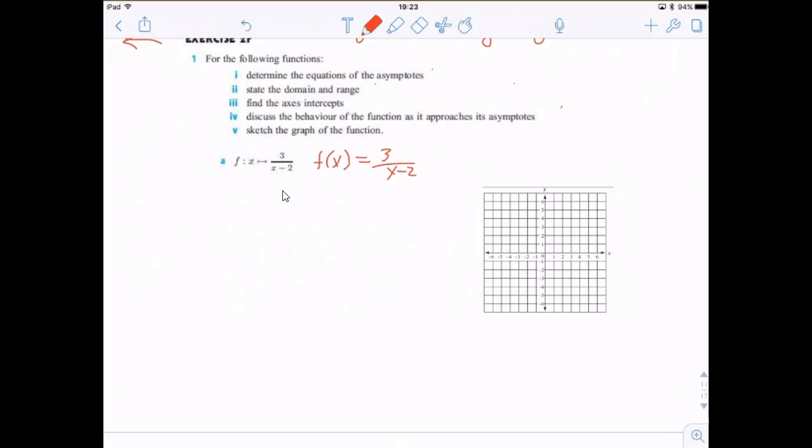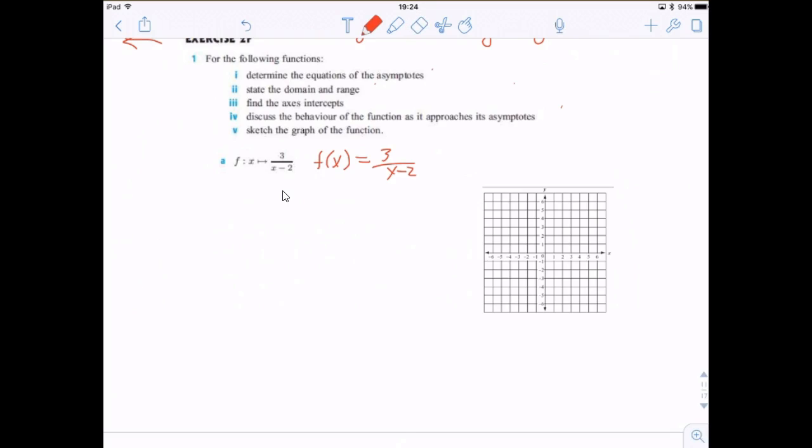Okay, there's several things we can do to find strategic points instead of just making an XY table and putting in a bunch of numbers for x. Although this is a legitimate method also, there's a more sophisticated method which is finding the asymptotes, finding intercepts, looking at the behavior as it approaches the asymptotes, etc. Okay, so we're going to do that approach.